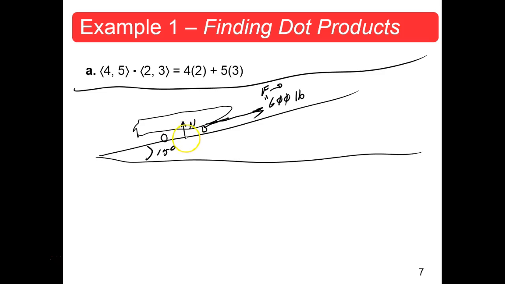And that means that the boat is pushing down on the ramp with a normal force. That's Newton's third law of equal and opposite reactions. The actual weight downward is straight down. And this is what we're looking for.